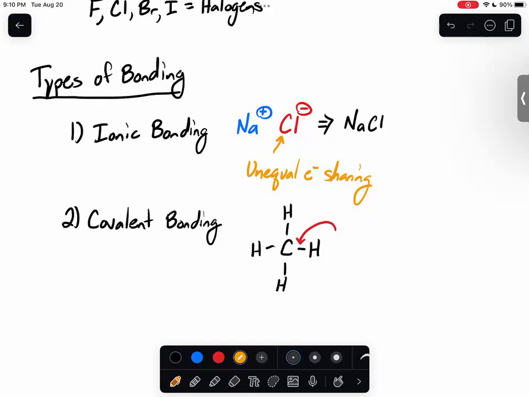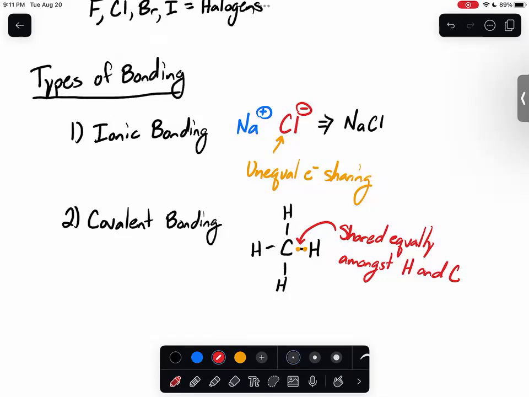If we were to draw them in, they'd be these two dots as shown here. And these electrons are shared equally amongst the two atoms that are bonded. So in this case, they are shared equally amongst the hydrogen and the carbon. These are the types of bonds that we are actually worried about when we're talking about organic chemistry.